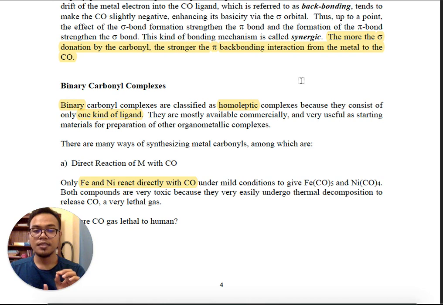This can be seen through the overlapping of your pi d orbitals of your metals with the empty pi orbitals of your ligand, forming the second dative bond, which is called pi bond. Then we have learned about back bonding, and also about synergic bonding. I hope you are clear on that.